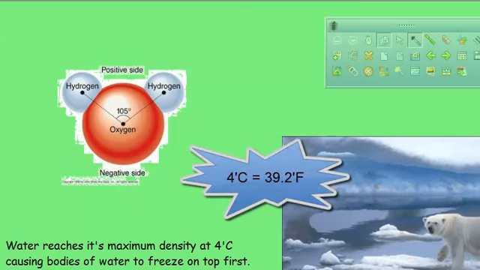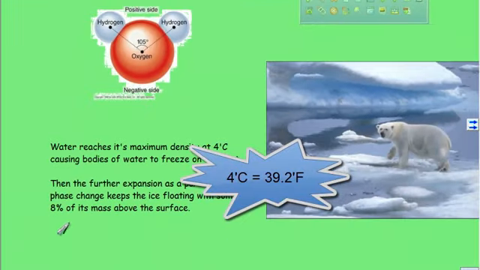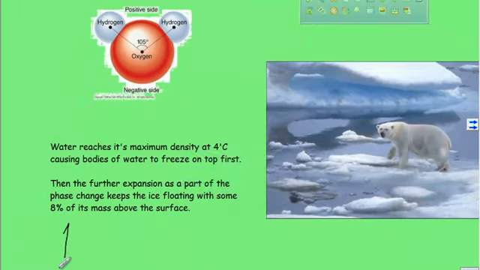And at 4 Celsius, what is that density, you suppose? Remember the SI system? 1 gram per centimeter cubed at 4 Celsius. And it turns out that's liquid at 4 degrees Celsius, so slightly above freezing.